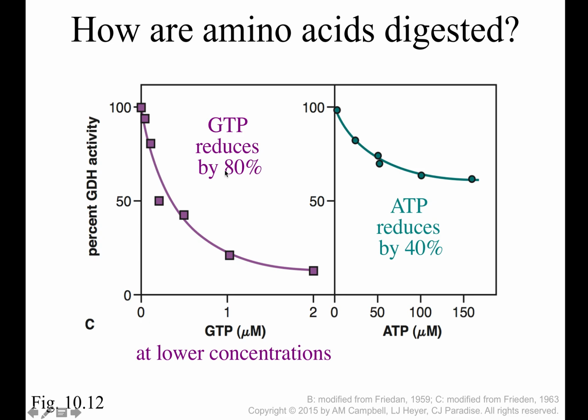So if there's lots of GTP around, it's unlikely that the cell is going to break down more protein in order to make GTP, but it could be breaking down other things in order to make GTP. But if there's not much GTP around, that's likely because carbohydrate reserves have been depleted and lipid reserves have been depleted, and so maybe now it's time to dip into the protein reserves. Again, that depends on the organism.